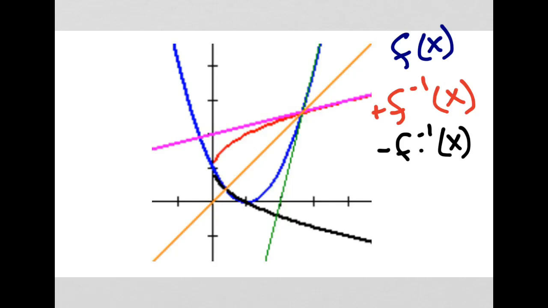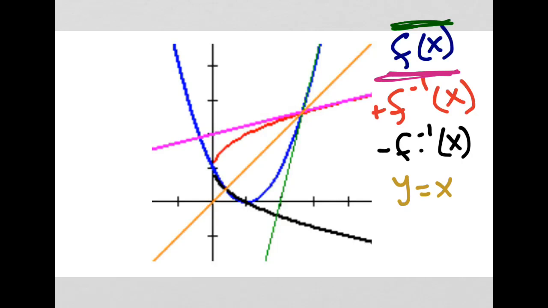And what I just wrote is actually strictly not true, but it's not negative f inverse of x, but I'm saying it's the non-principal square root of that one. Okay, and then look in the middle, we just have the line y equals x. And then finally, the green function is the tangent line to f of x. So that tangent line right there. And then the purple or pink function, whatever that is, is the tangent line to the red function, the inverse.